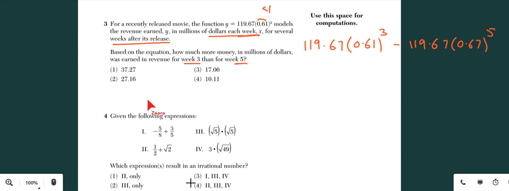For 3 weeks and 5 weeks, we have to take their difference, which is approximately 17.06. Can you please confirm that by using your calculator? Yes, it is 17 point. Yeah, thank you. Okay, look at the next question.